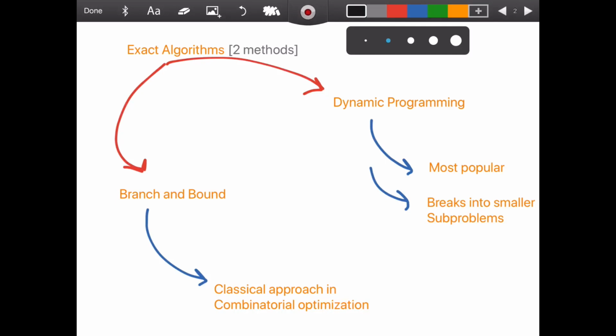The second method is dynamic programming, and you must have seen in many articles these days that it is one of the most popular algorithms, because it can break a bigger problem into smaller subproblems and then solve them. The course also introduces you to how to use dynamic programming, a must-have skill in data science these days.